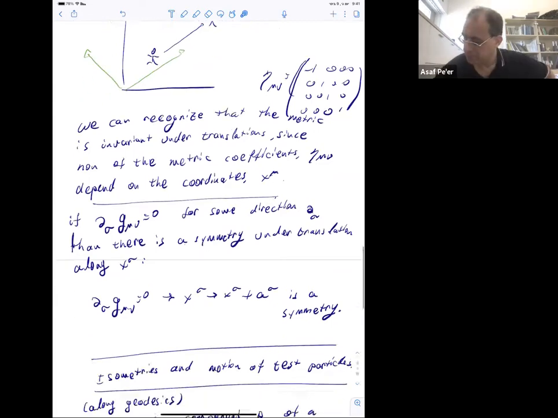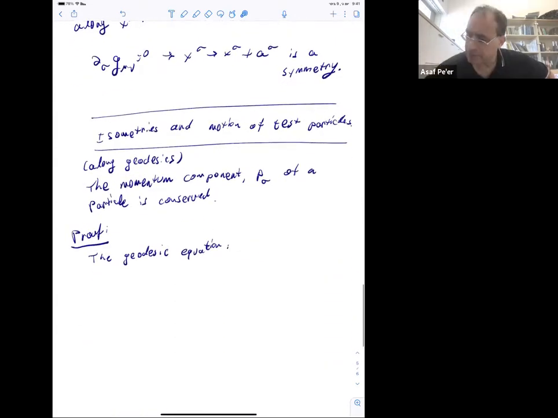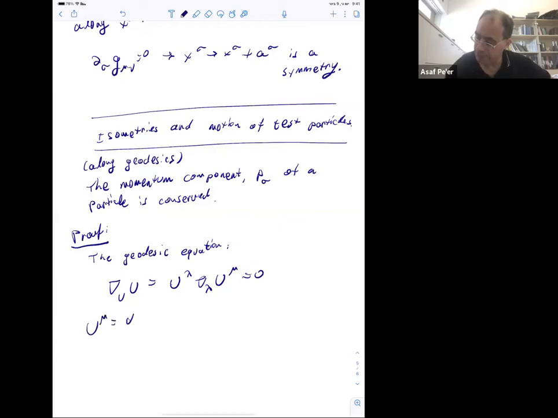Now the geodesic equation, we wrote it down as u lambda nabla lambda u mu is equal to 0, where u mu is just dx mu over d tau, the four-velocity.